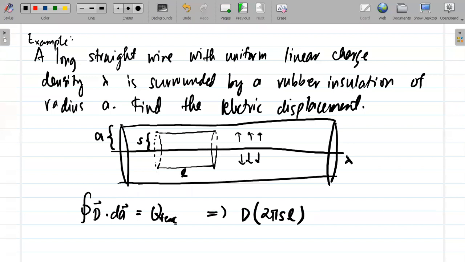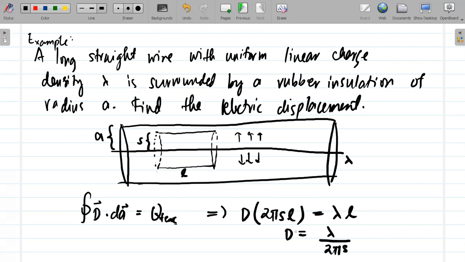So parang Gauss's law lang actually. D times 2 pi S L, ang free enclosed charge natin ay ito, lambda times L. So we have D equals lambda over 2 pi S.